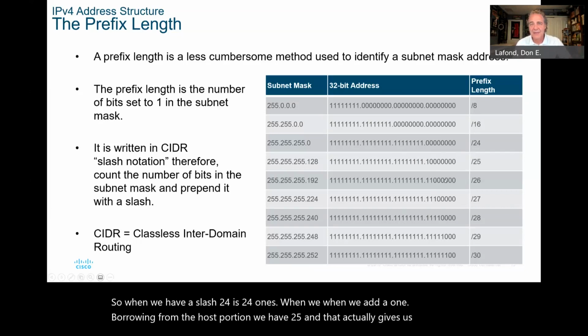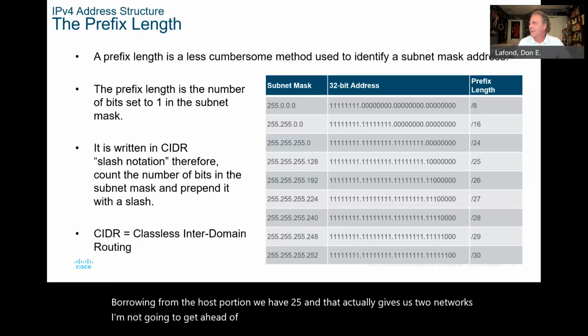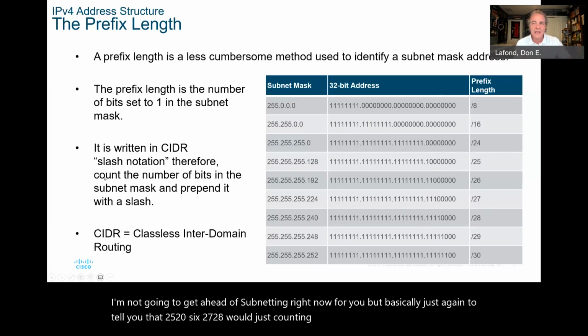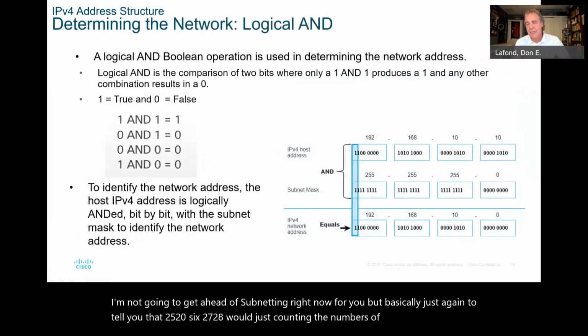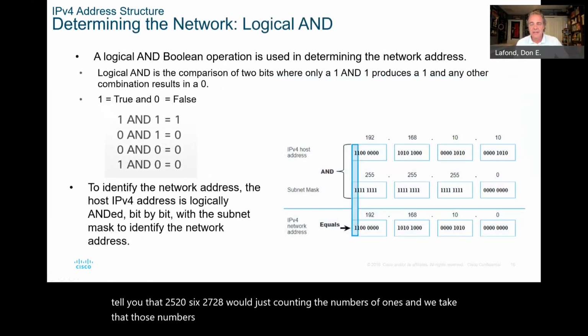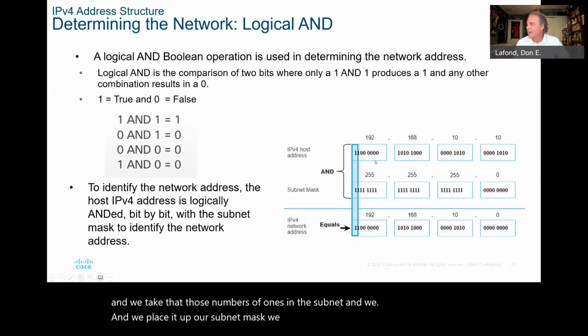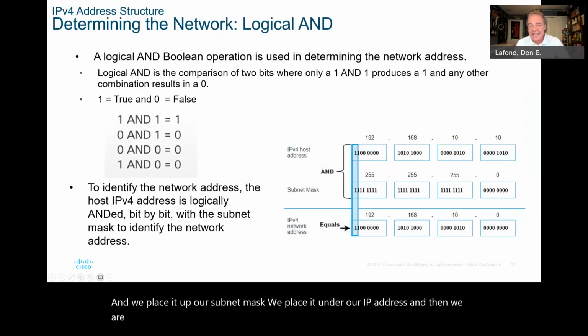I'm not going to get ahead with subnetting right now, but basically, just again to tell you that with 25, 26, 27, 28, we're just counting the number of ones in the subnet mask, and we place our subnet mask under our IP address, and then we are able to AND the 2. That's what the computer does. You could do it as well to make the determination.